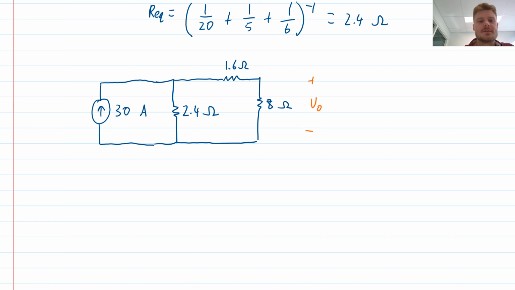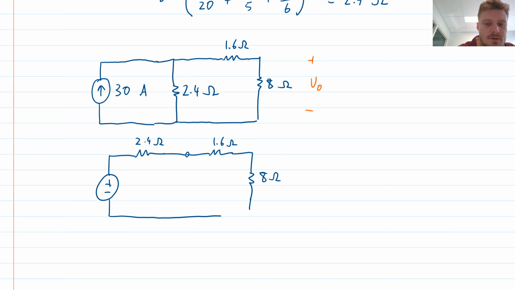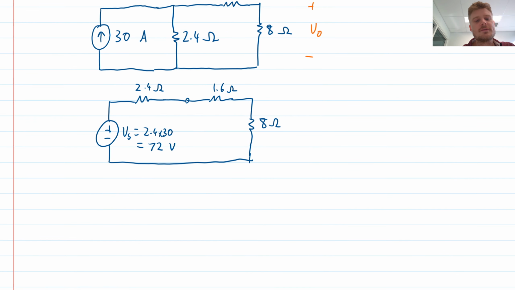To turn that back into a voltage source, I draw a voltage source, I put my 2.4 ohm resistor, that goes through the rest of my circuit, that was 1.6 ohms, through my 8 ohm resistor, and the value on my voltage source here, Vs, is just going to be the Ohm's law combination of these two values, so that was 2.4 times 30, which is 72 volts. So I have a 72 volt source there.